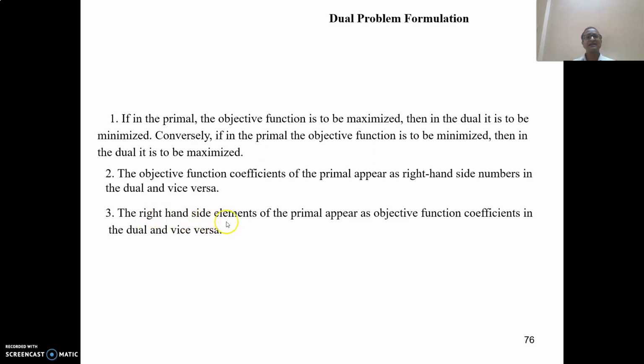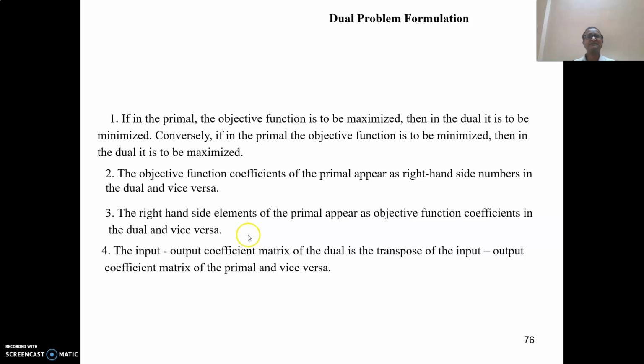The right hand side elements of the primal problem become the objective function coefficients of the dual, and vice versa. The input-output coefficient matrix of the dual is the transpose of the input-output coefficient matrix of the primal, and vice versa.